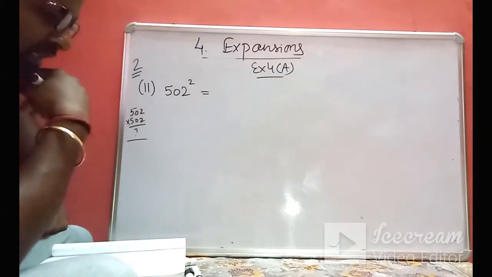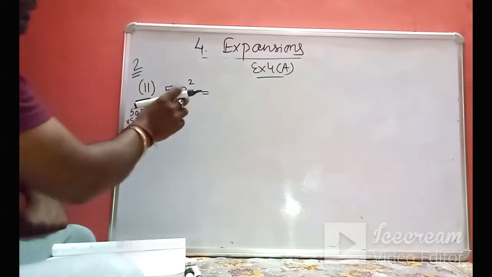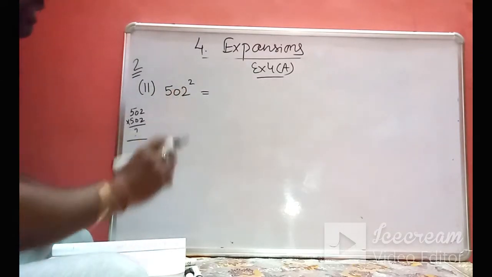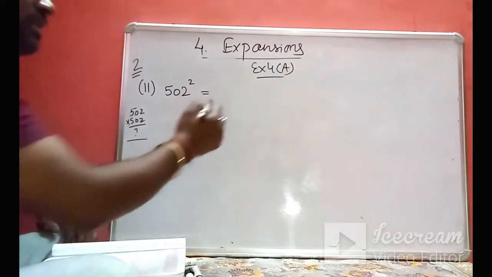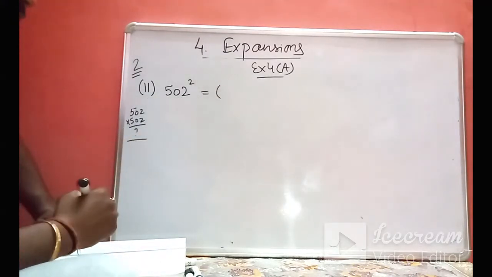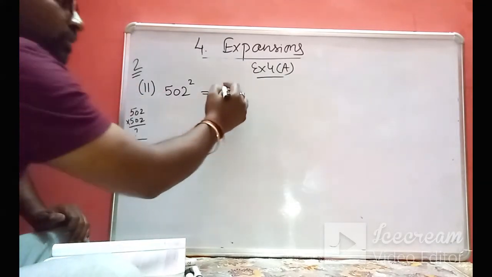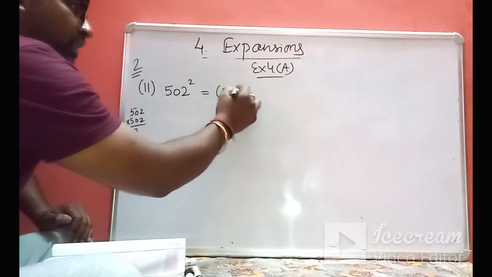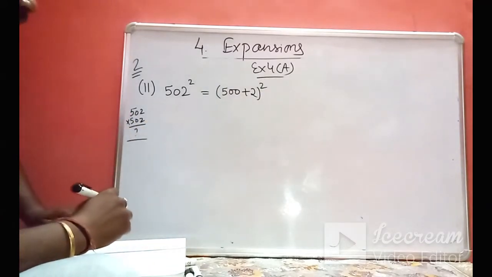But now, since we have the knowledge of identities, we will divide this 502 into two parts such that it will be easier for us. So 502 is more than 500 by 2, so I will write (500 plus 2) whole square.